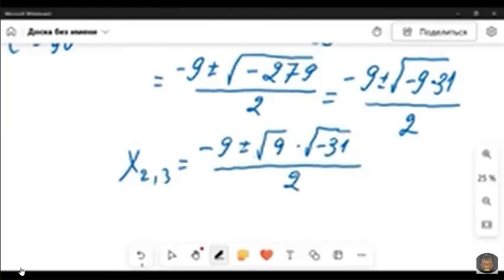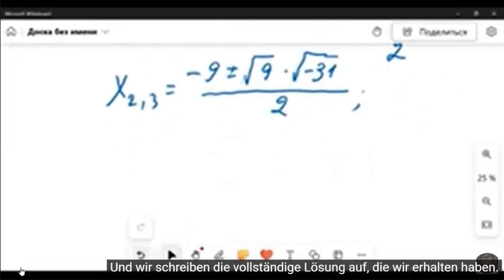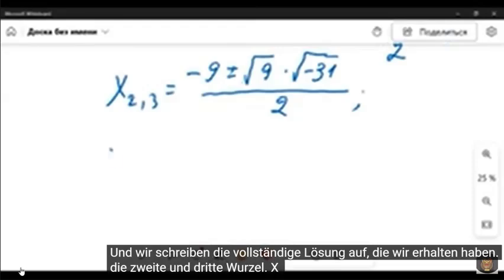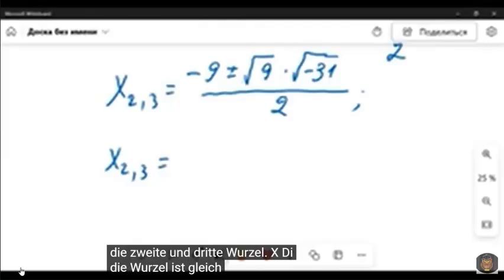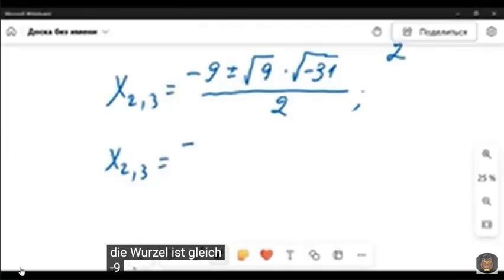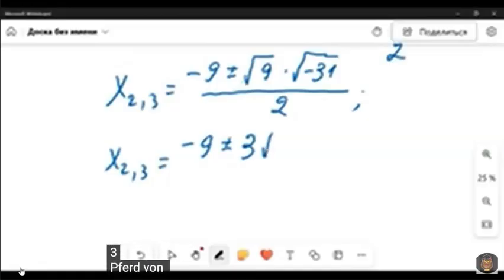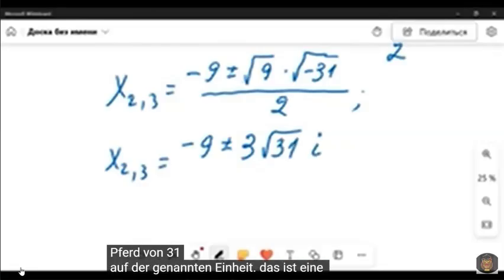And we write out the completely obtained solution of the second and third roots: x second equals minus 9 plus 3 root 31 i, over 2.